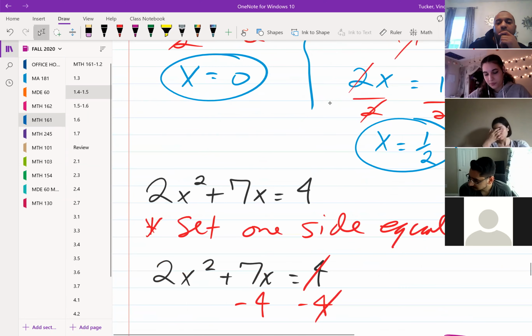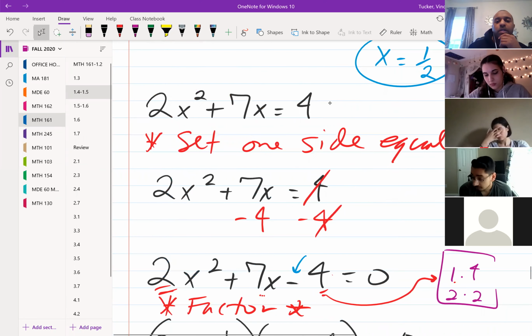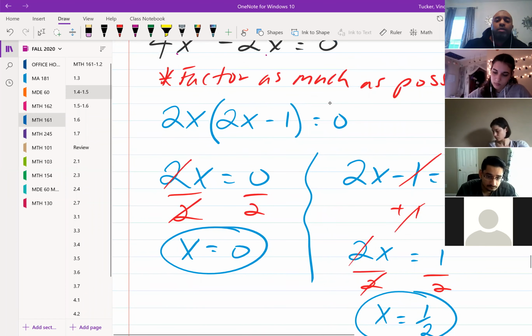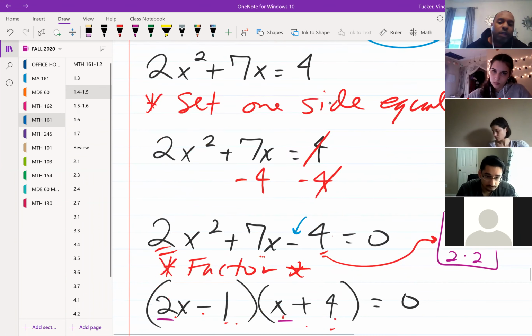So let's look at this next one: 2x squared plus 7x equal to 4. First thing you should do is set one side equal to 0. Before, we already had one side equal to 0, but if I'm going to use the zero factor property, I need to make sure one side is equal to 0. In this case it wasn't, so I subtracted 4 from both sides.